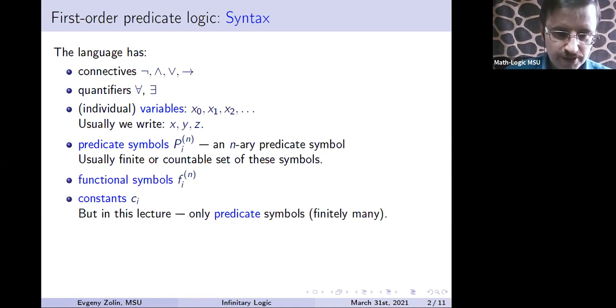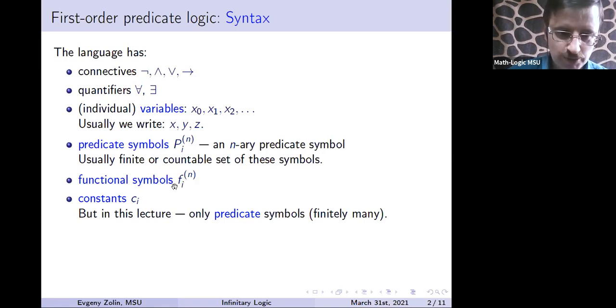In general, the first order language also has functional symbols. They are denoted similarly, but you have F instead of P. So these are notations for predicates, for properties, for n-ary properties. These functional symbols are notations for functions.